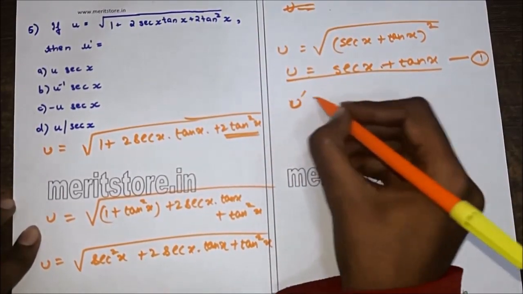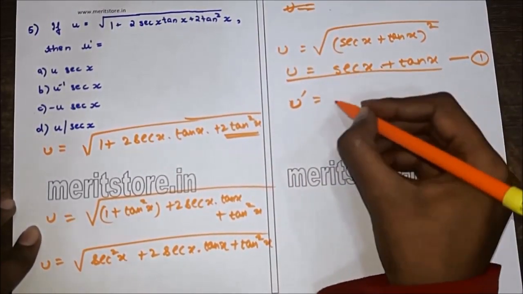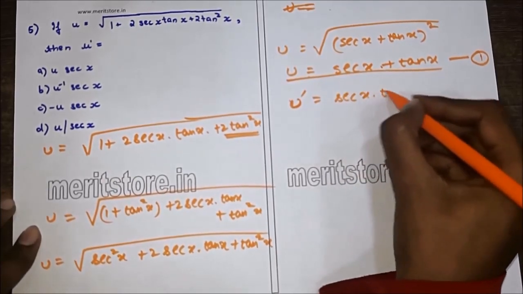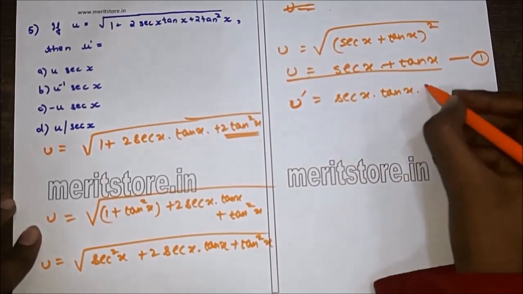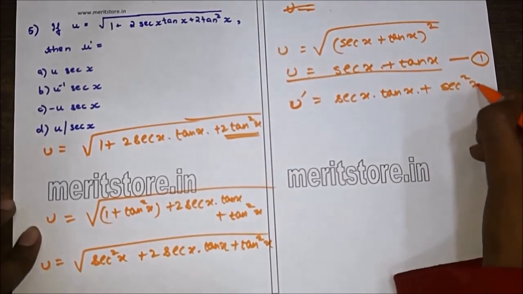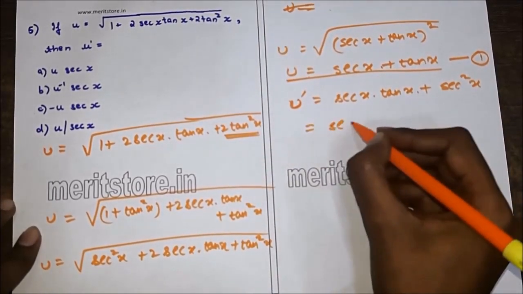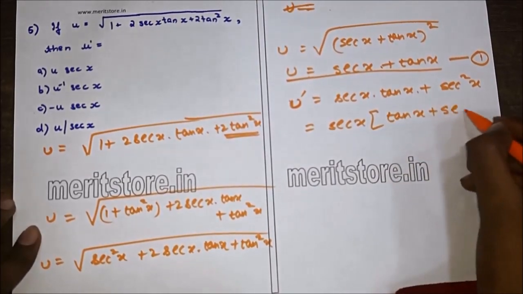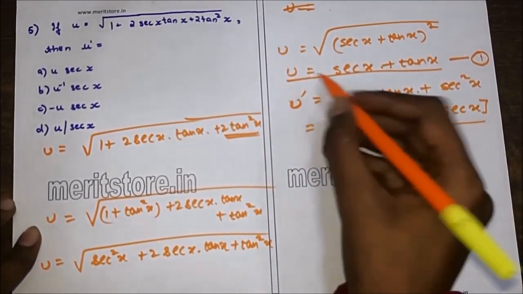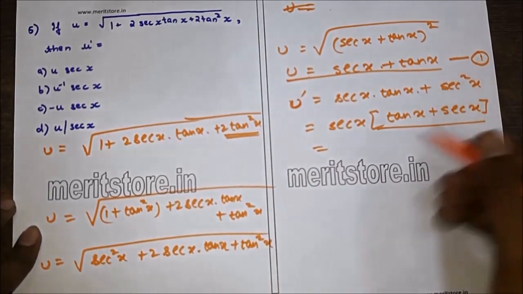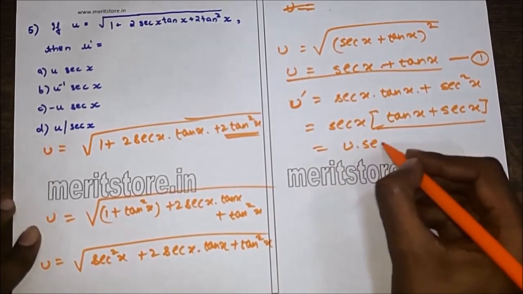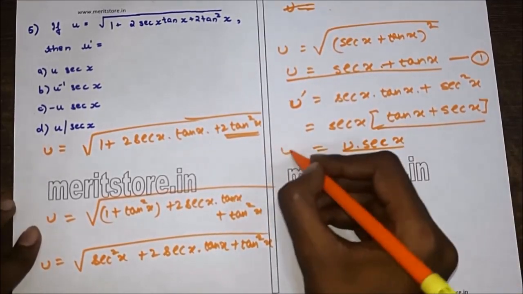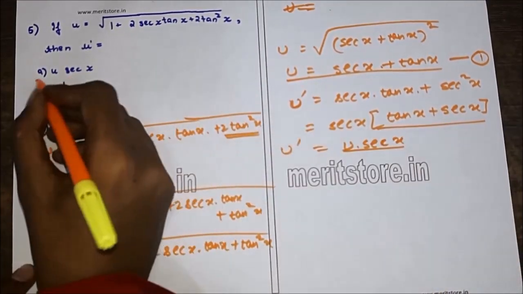We get u dash: differentiation of sec x is sec x tan x, and differentiation of tan x is sec square x. Now we take sec x common. So this is sec x into tan x plus sec x. But this term is u from equation 1. So this is u into sec x. U dash is u into sec x, which is option A.